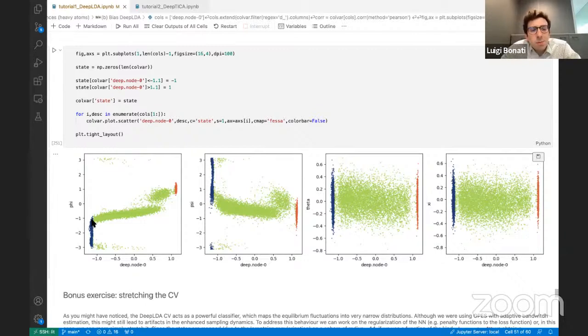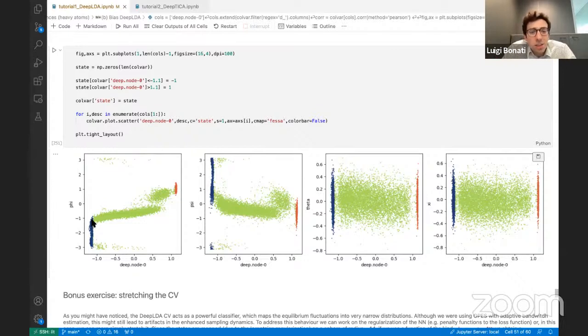Of course, we have made a choice. The choice we have made, using a neural network to transform our input descriptors into some collective variables, is very powerful because it can combine them in a very nonlinear way, and can work even when starting from very poor, very suboptimal descriptors, such as just distances here.